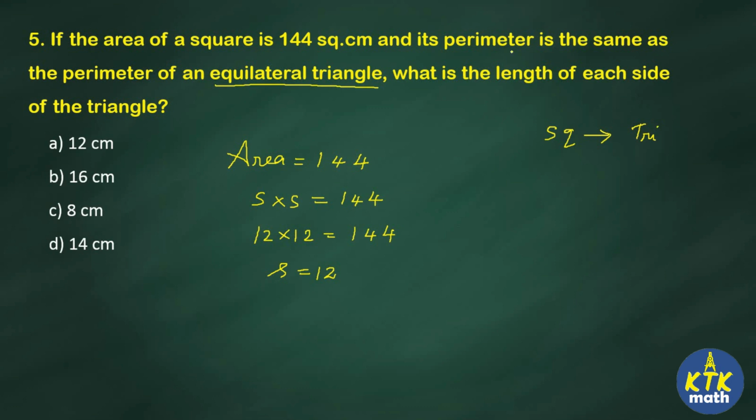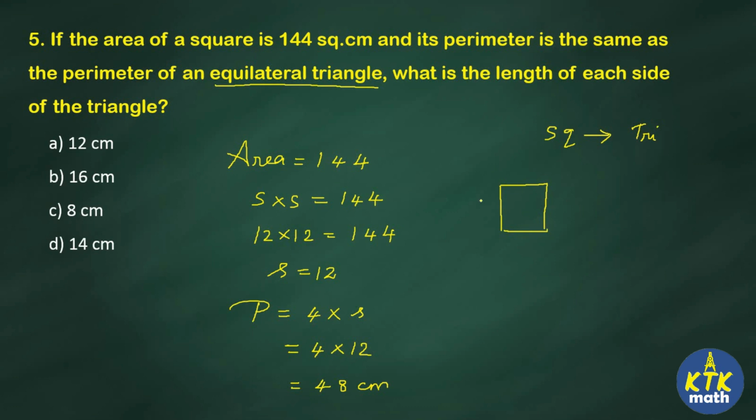Next, its perimeter is same as perimeter of equilateral triangle. So for this square, find perimeter. What is the formula for perimeter? 4 into S. So 4 into 12 is equal to 48 centimeter. Just imagine, I am drawing roughly there. A square is there.